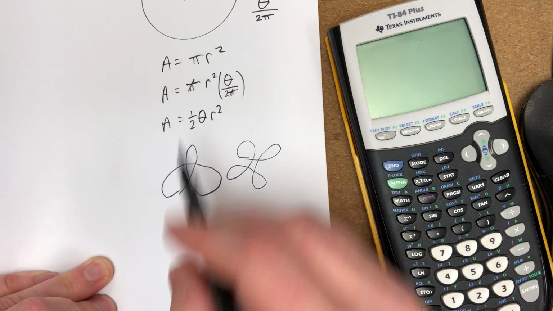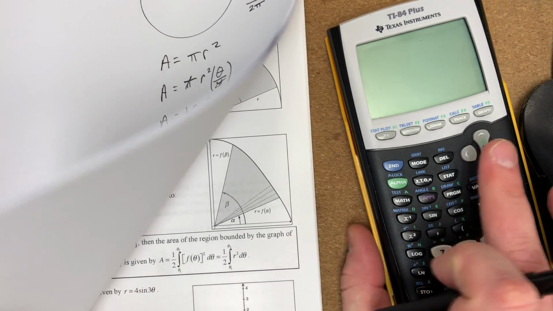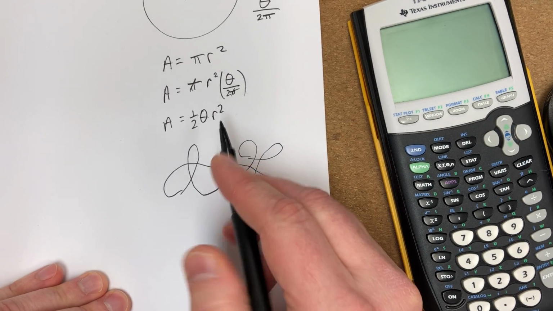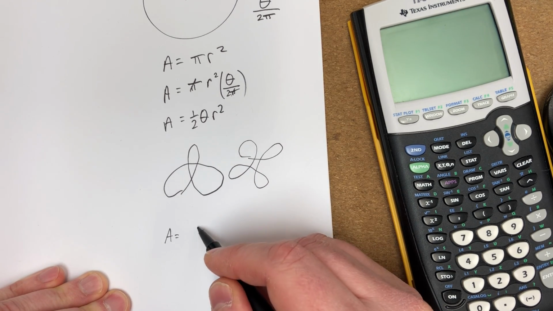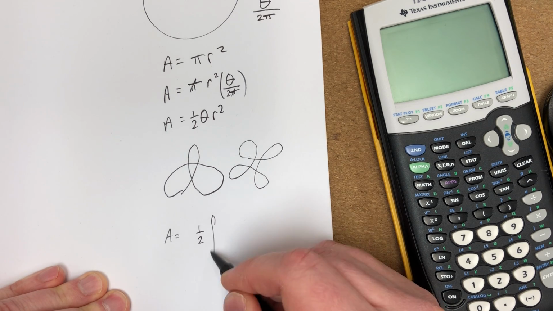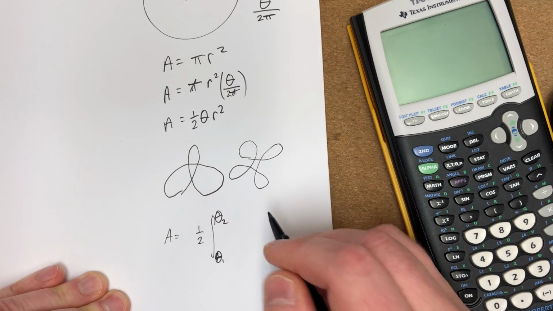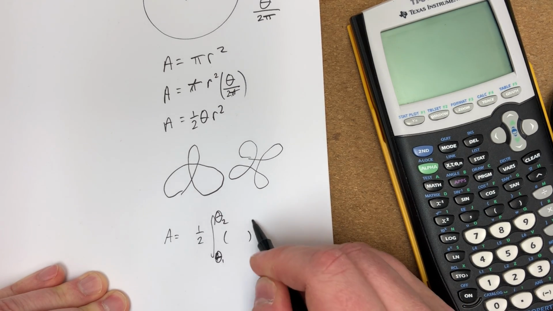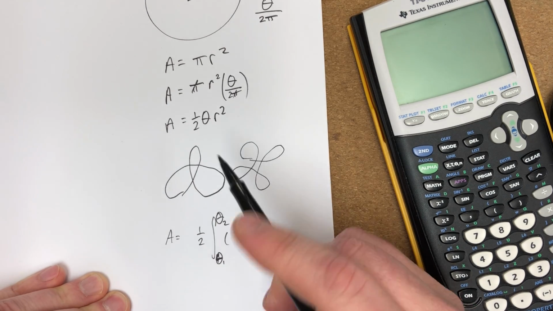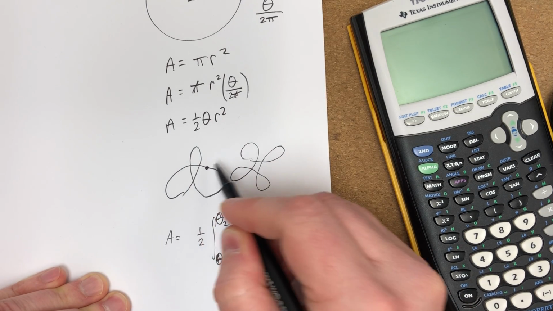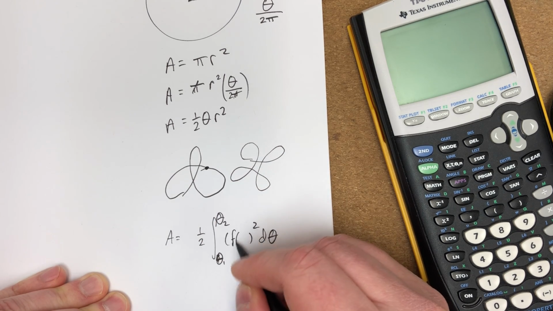So the area of some generic polar function, let me just make sure I'm copying it down right. Yes, okay. It's this radius that's changing. So the area of a sector is 1/2 the integral from theta 1 to theta 2 of our radius squared, d theta. And the radius is defined by the function, so we can write the function as f of theta.